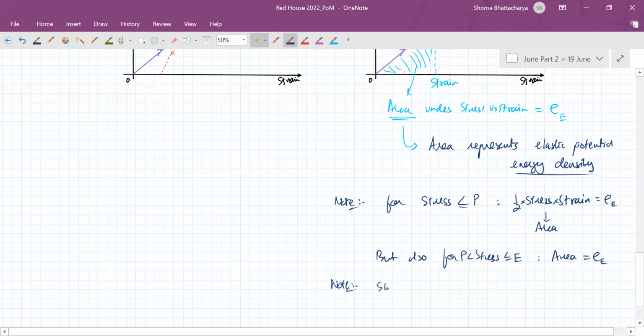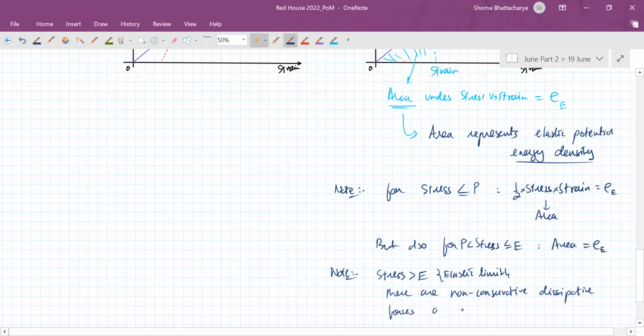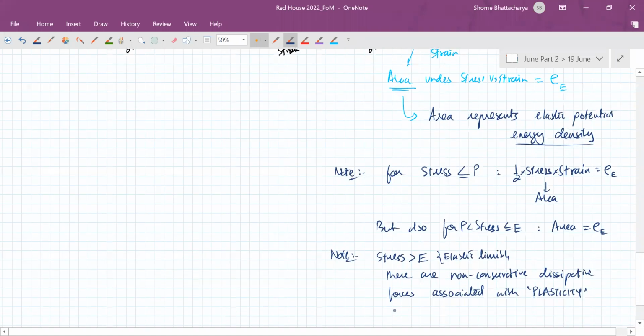And the moment our stress becomes greater than the proportionality limit, greater than the elastic limit, there are non-conservative dissipative forces associated with plasticity that come into action, dissipating mechanical energy.